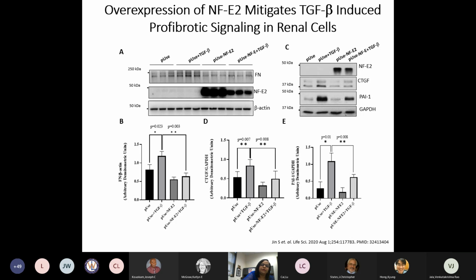As you can see, in the presence of TGF-beta, you see an increase in fibronectin expression, which was abrogated in the presence of overexpressed NFE2. Similarly, we saw a decrease in CTGF expression and a significant decrease in PAI-1 expression in these cells. These results suggest that overexpression of NFE2 was able to mitigate TGF-beta-induced profibrotic signaling.